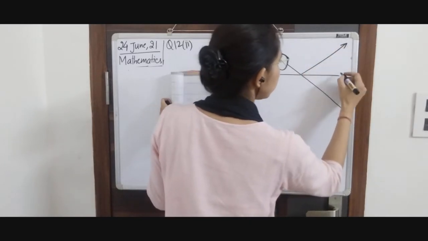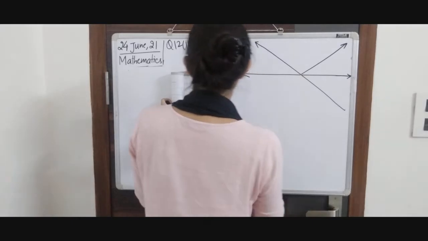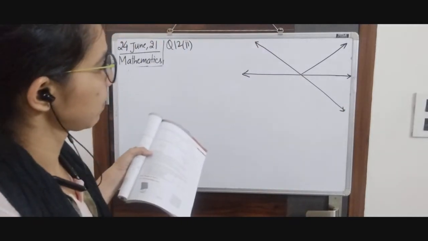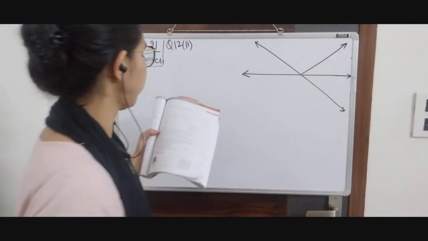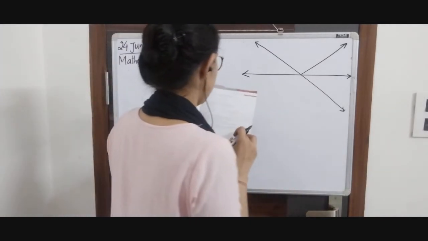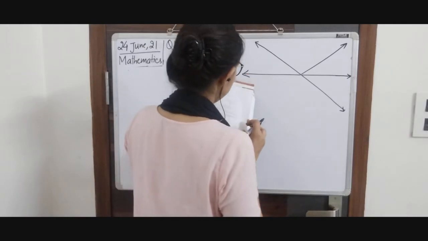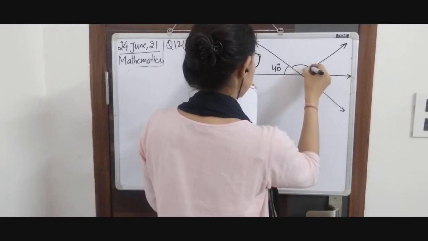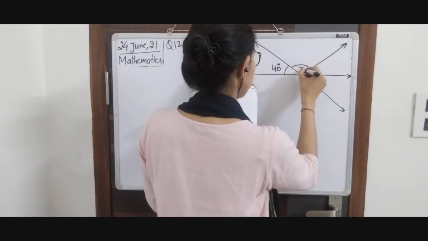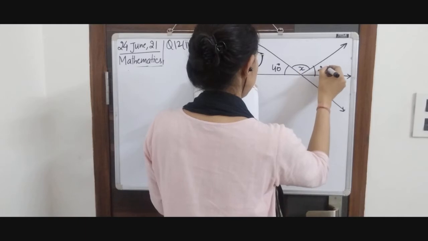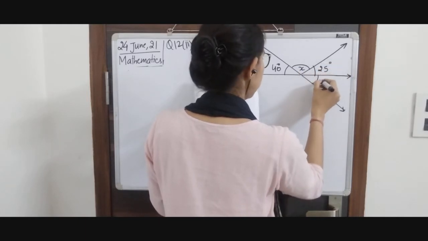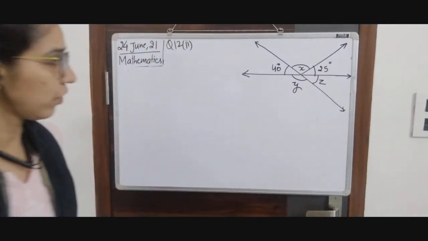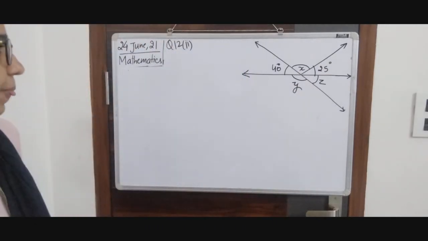That makes it easy to understand your question and simplifies your question. Now we have this angle as 40 degree, this angle as X, this angle as 25, this angle as Z, and this angle as Y. Okay, we have to find out X, Y and Z.